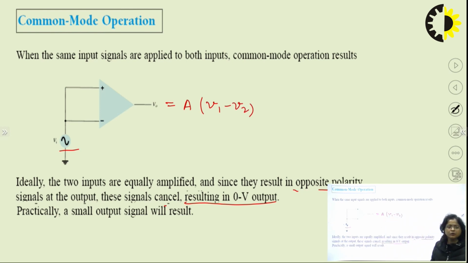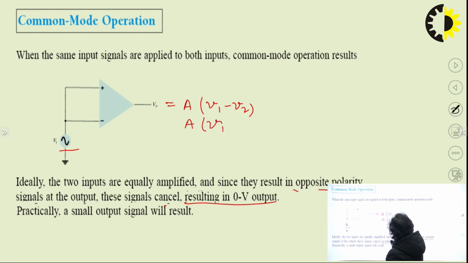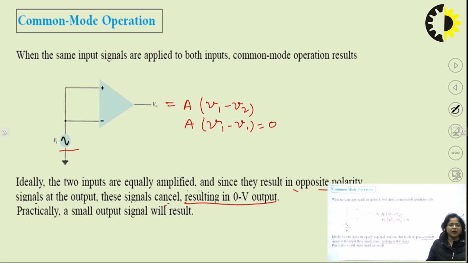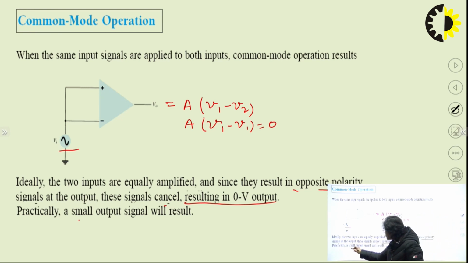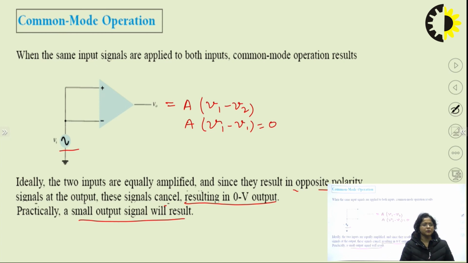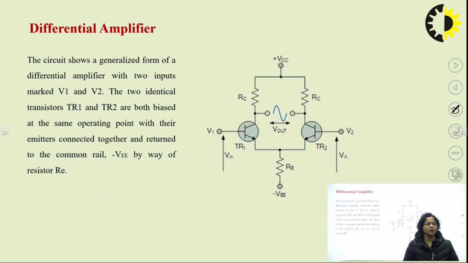And if both the values are the same, then it is V1 minus V1, which is equal to 0. So ideally, in common mode operation the output is 0, and practically a very small output will result because of imbalance in different stages of the amplifier.